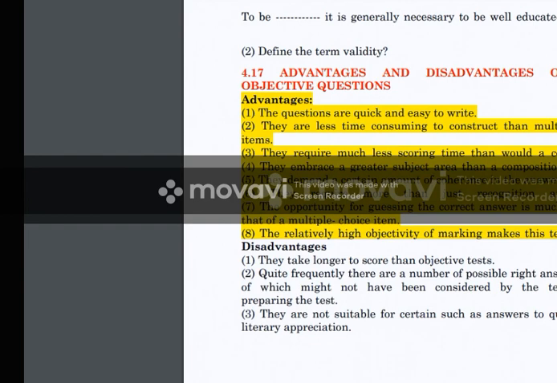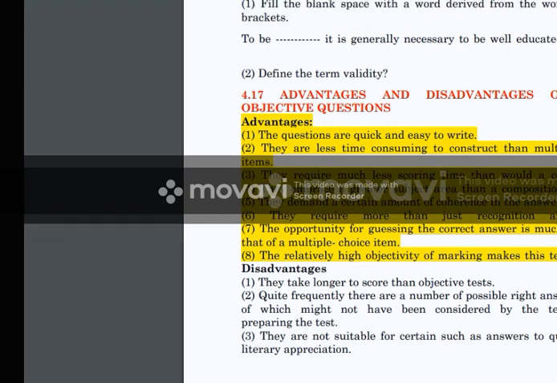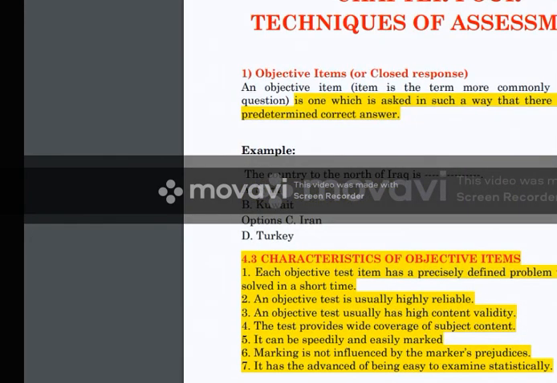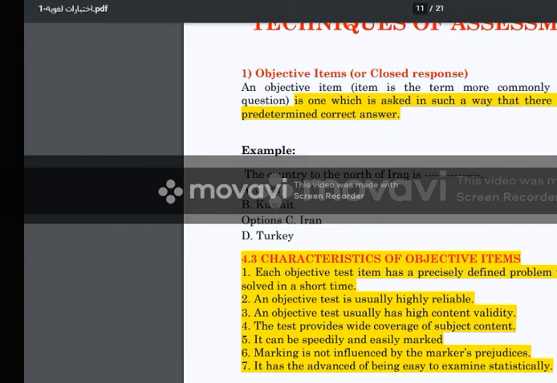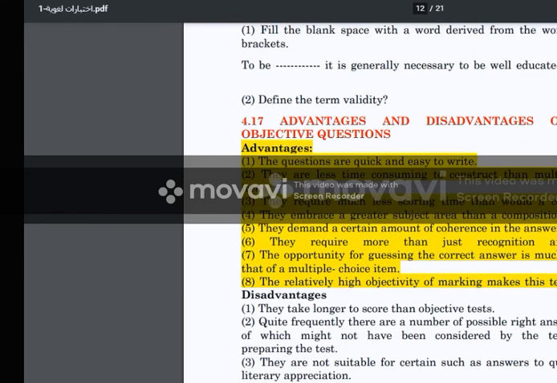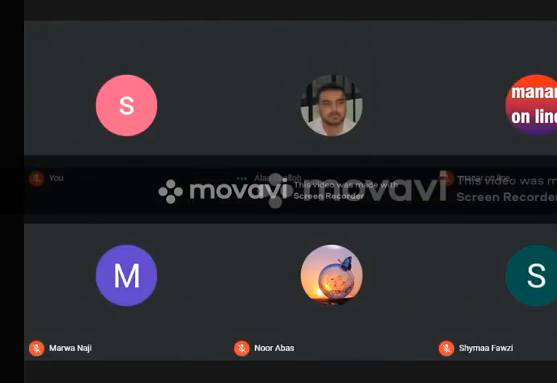But the difference between the two is that the completion item is given only as a missing word within the sentence or within the text. Okay, so in the completion there are no key answers given to the students.